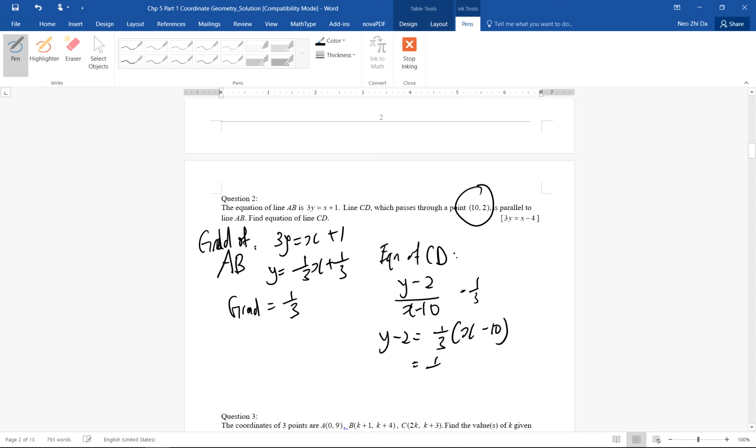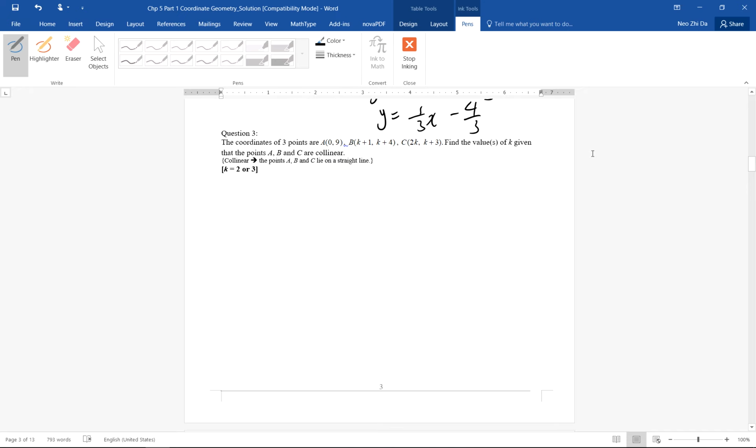So 1/3 x minus 10 over 3, plus 2. You can leave your answer in this way, but if you want, you can also multiply by 3 throughout. Okay, so this will sum up question 2.